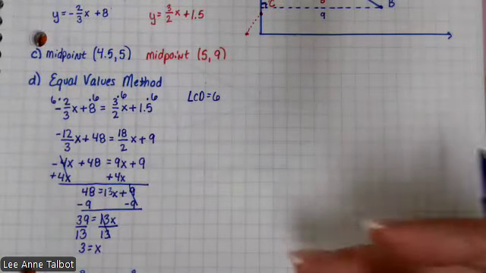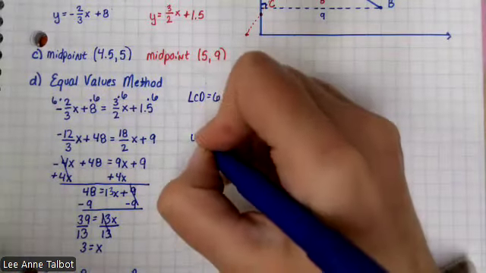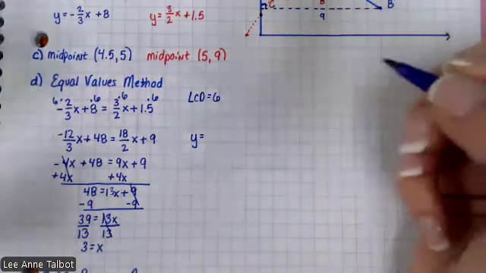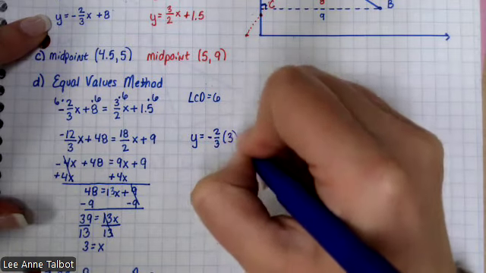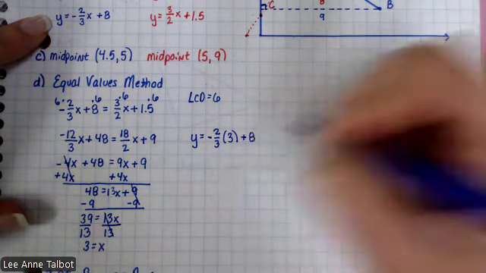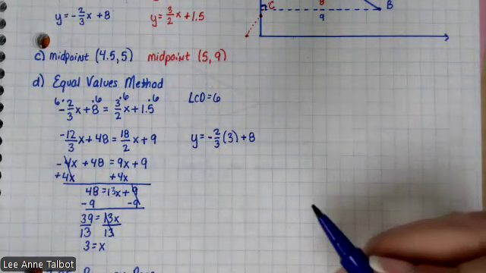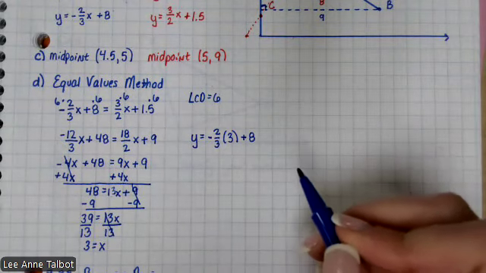Which one of them is easier to plug it back into? They're both kind of terrible. I'm going to go with this one. And the reason is because I can tell that the threes will cancel. That's just how lazy I am.